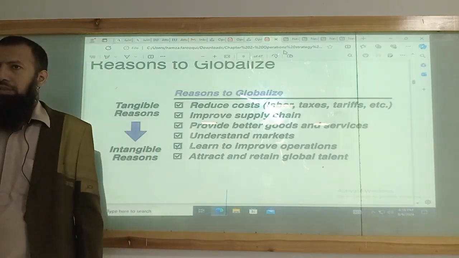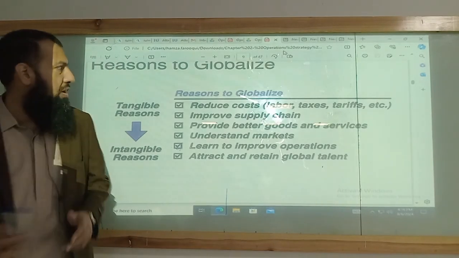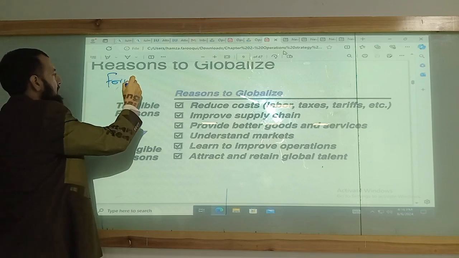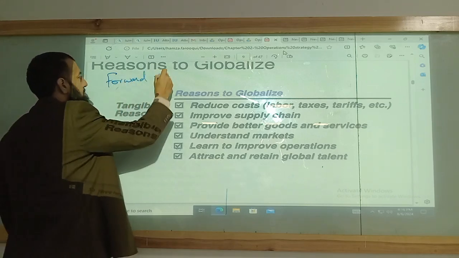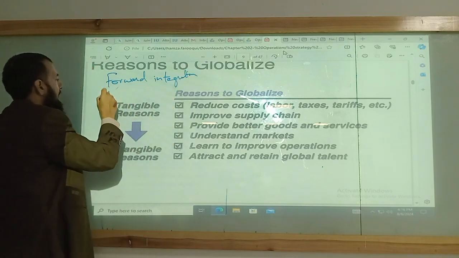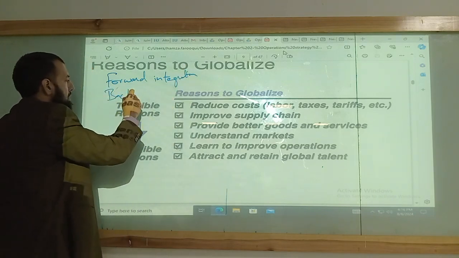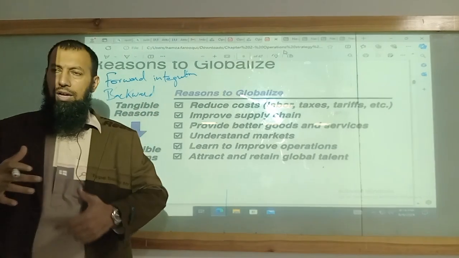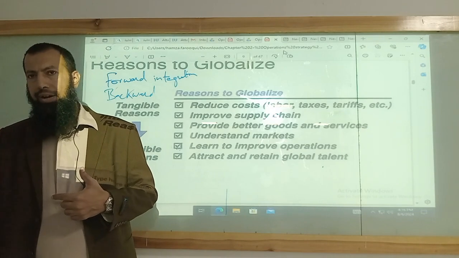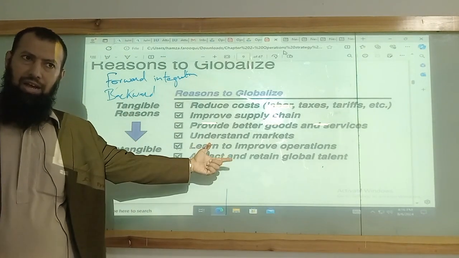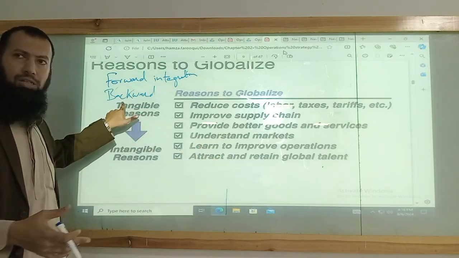integration. So there is a concept of forward integration and backward integration. When we talk about forward, it means the distributor, the retailer. And when we talk about backward, it is the suppliers who are supplying you.